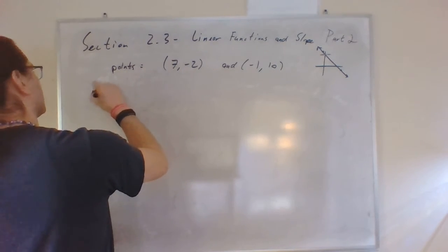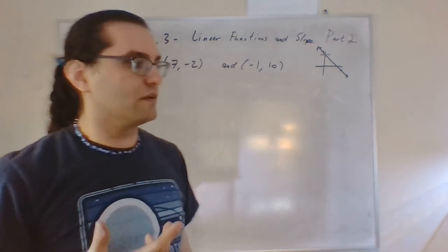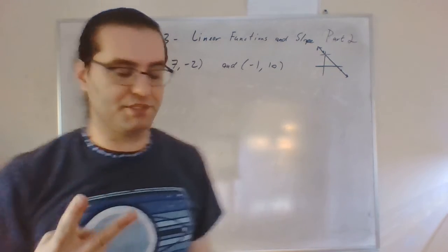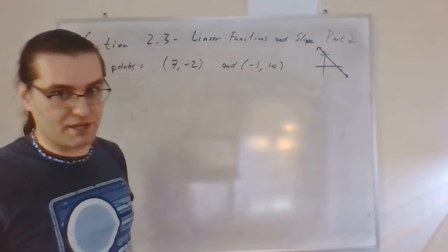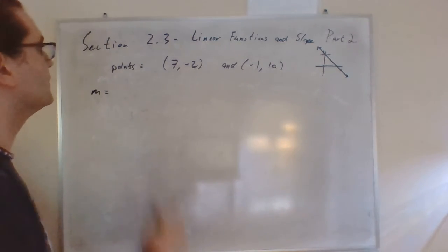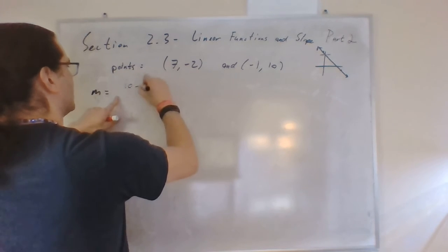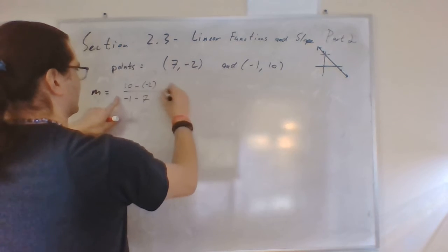So we need to start with a slope, or I should say, what we need ultimately is a slope and a point. We have 2 points, so that's already taken care of. We're fine on points. We got these two. We need the slope. So we can find the slope by doing 10 minus -2 over -1 minus 7.